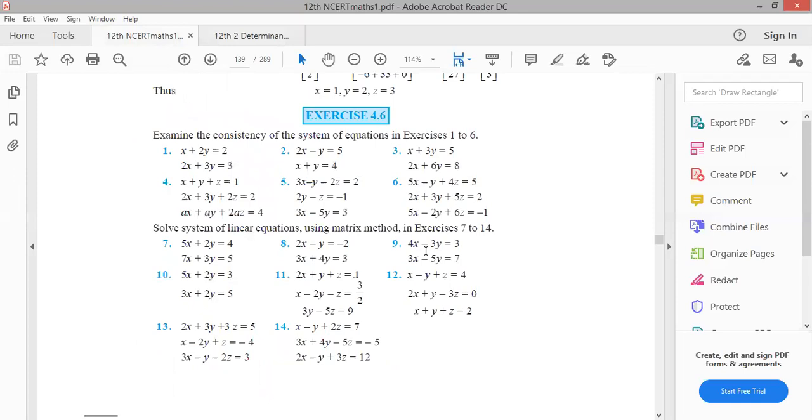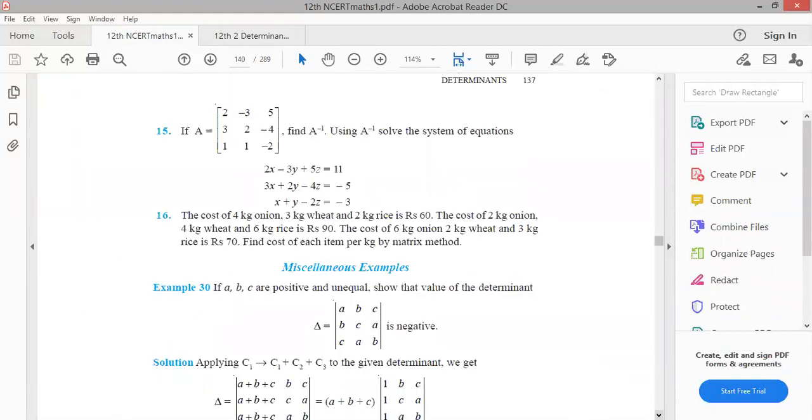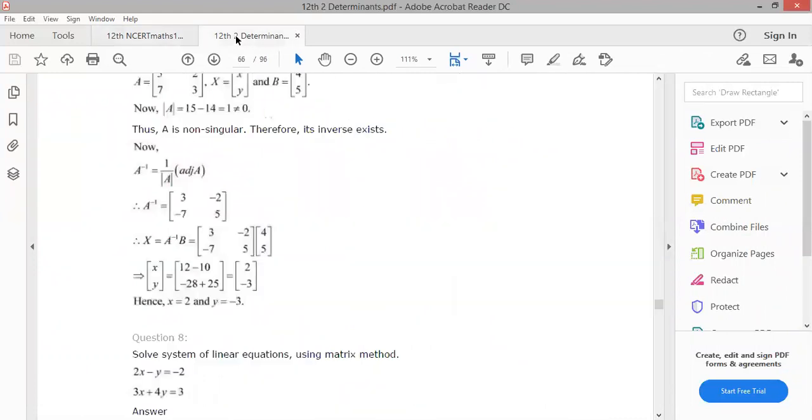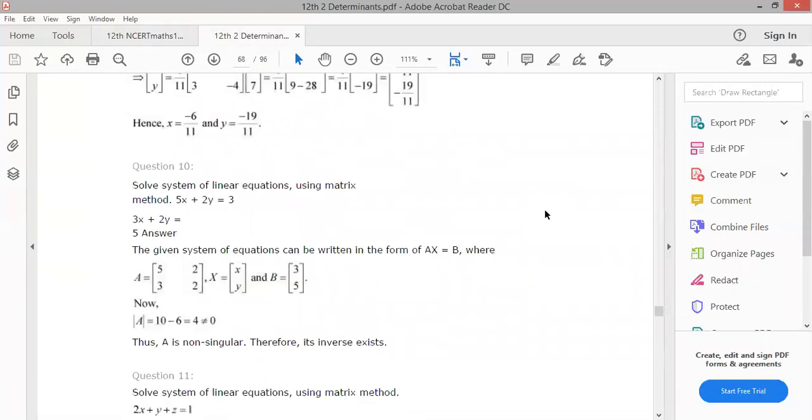Similarly, we have other questions in this exercise. All other questions from question number 8 to question number 15 are the same. Let's see how we can solve question number 15. It's a 3 by 3 system, with 3 equations in 3 variables.